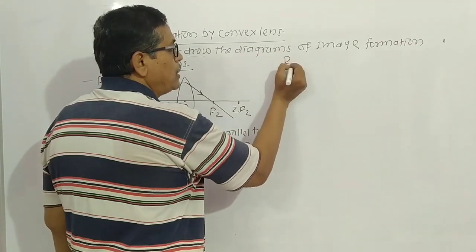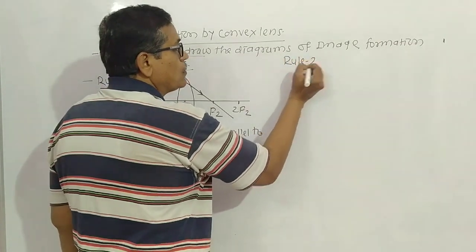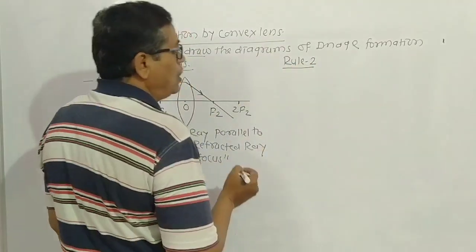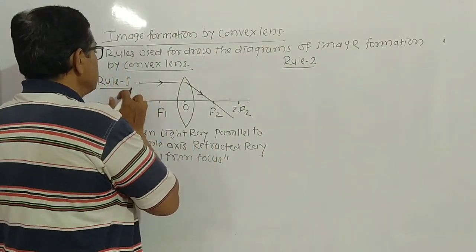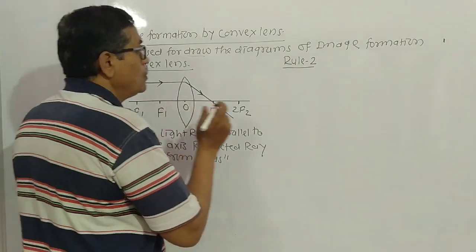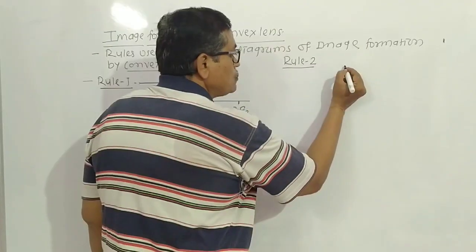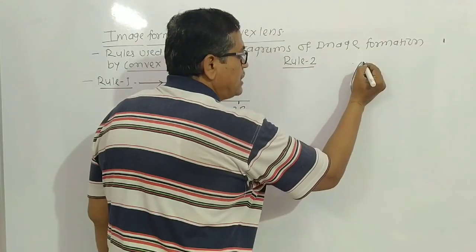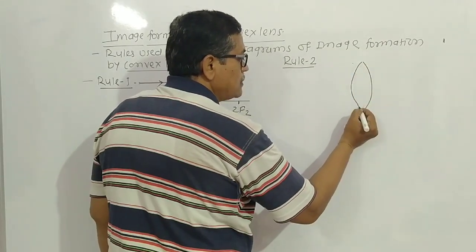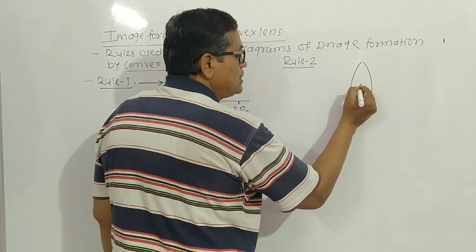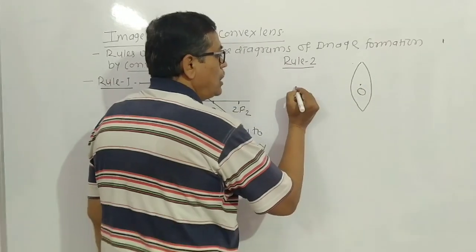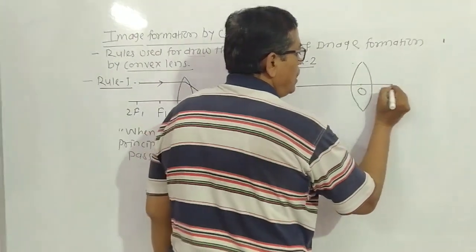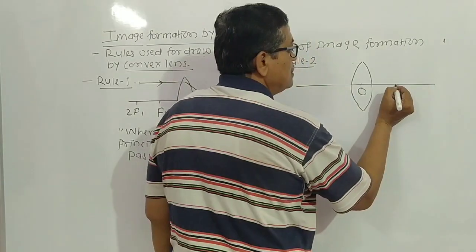Rule number 2, here we can draw this diagram. There is a convex lens, here optical center O, and there is a principal axis.